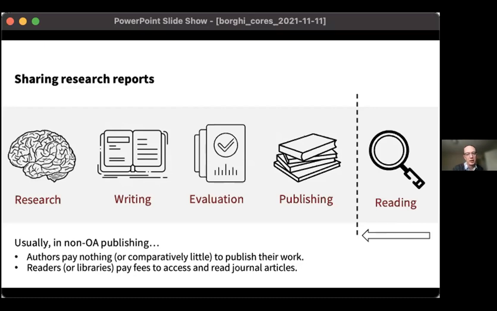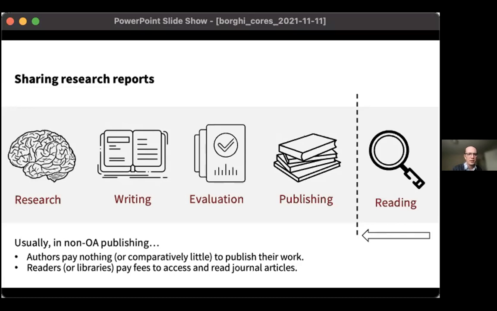the point at which there is an access barrier is between publishing and reading. So authors pay either nothing or comparatively little to publish their work. Readers, and in academic publishing, most often libraries, pay fees to access and read journal articles.